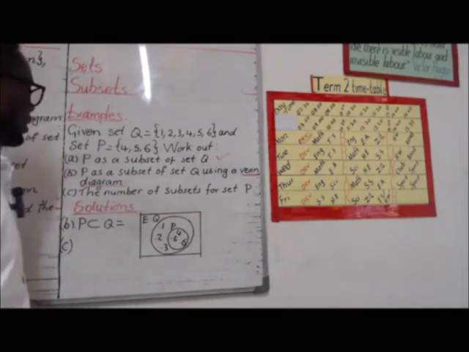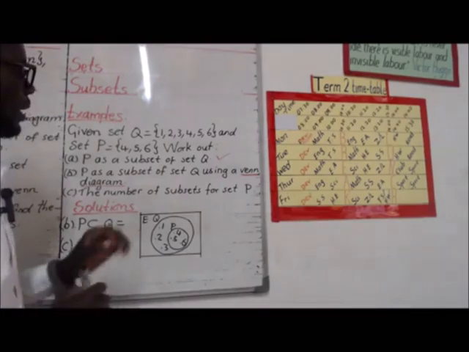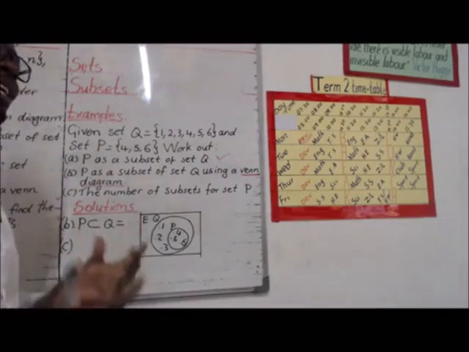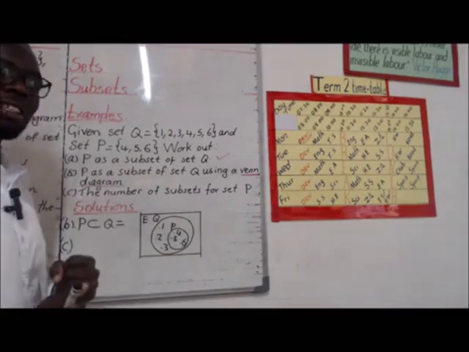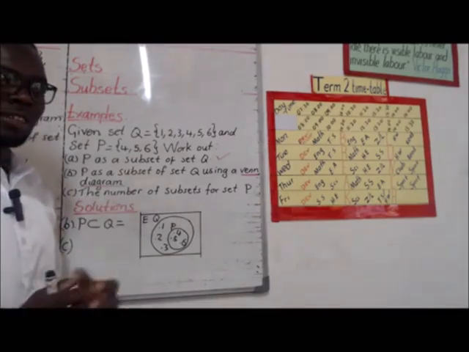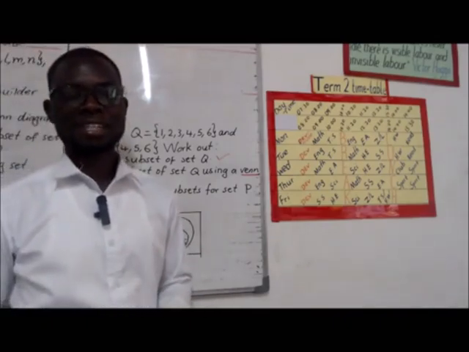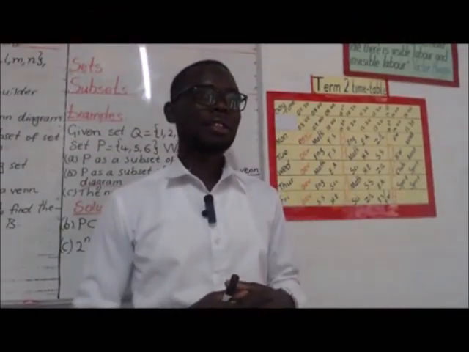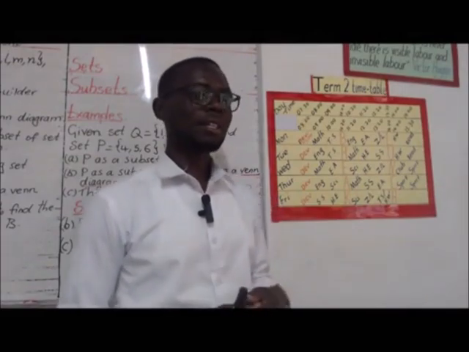Straight away, let us look at the number of subsets for set P. How many subsets can we come up with from set P? There's an interesting formula that we use to find the number of subsets for a given set.